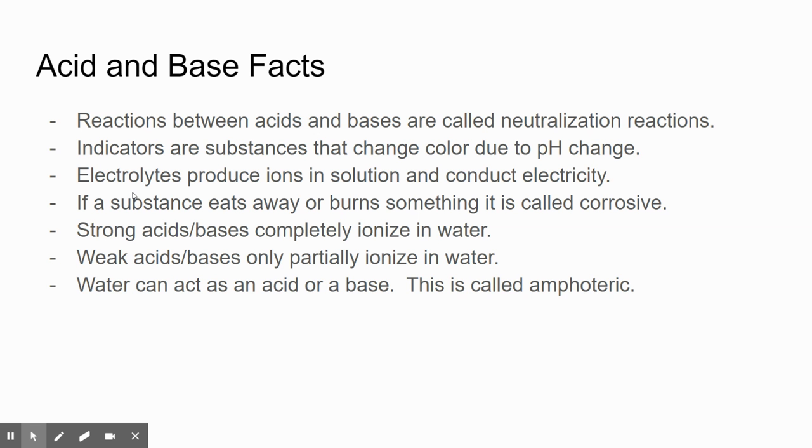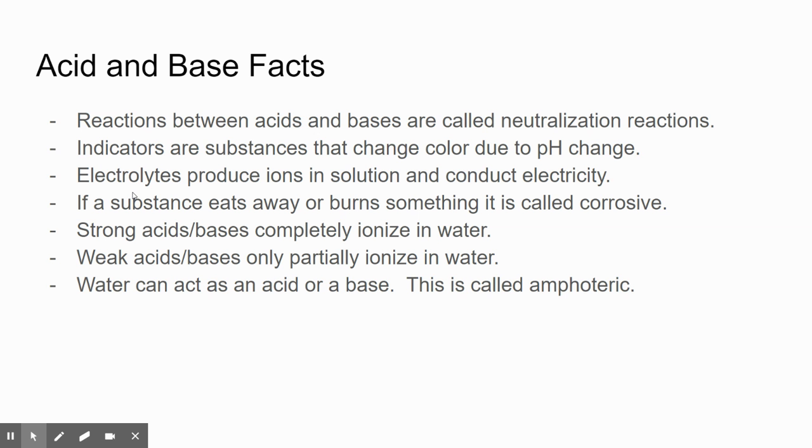Water can act as either an acid or a base. We call this property amphoteric. When something can act as either an acid or a base, we call it amphoteric. Water is the most popular one, but there are other things that are amphoteric as well, like HSO4 minus 1, H2PO4 minus 1, or HPO4 minus 2.